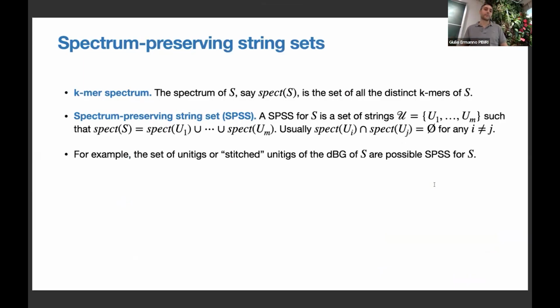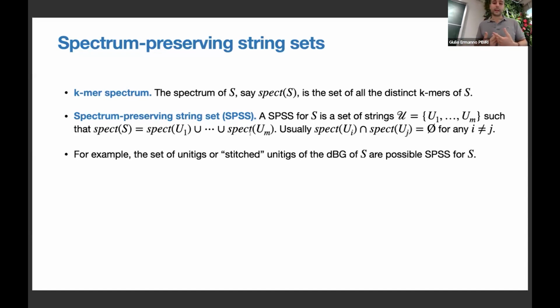So formally, a spectrum preserving string set, or SPSS for short, for my sequence S is a set of strings that I'll call U, such that if I take the union of the spectrum of all such strings, I obtain the original spectrum of S.